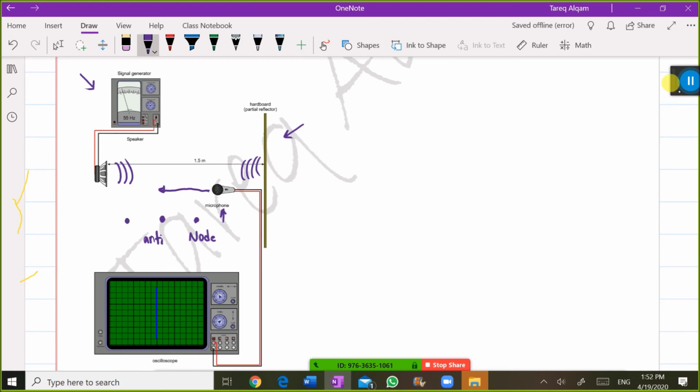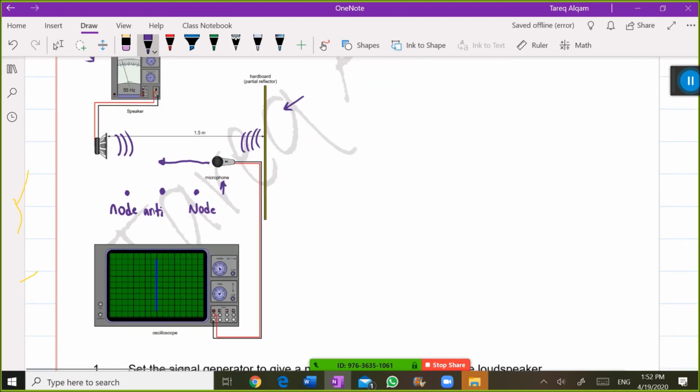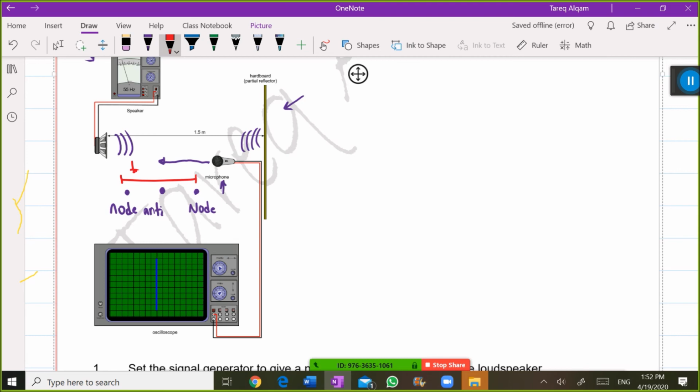By measuring the distance between node and antinode, I can find the wavelength. The distance between two successive nodes is half a wavelength, and I can measure this distance using a ruler.